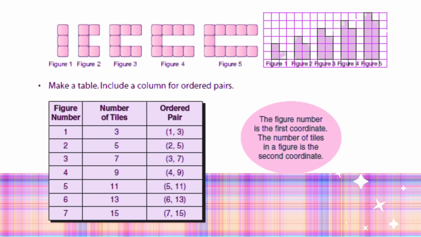In this table, the ordered pairs represent the relationship between the figure number and the number of tiles. The figure number is the first coordinate, the x value, and the number of tiles is the second coordinate, the y value. These ordered pairs correspond to the points we will plot on our graph.